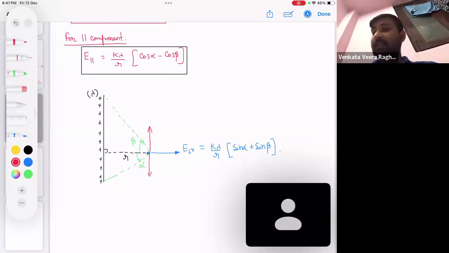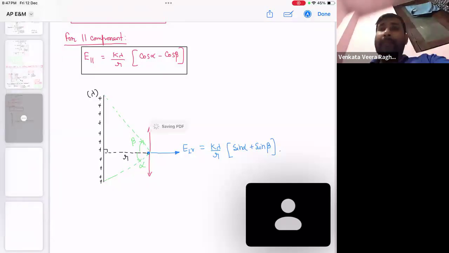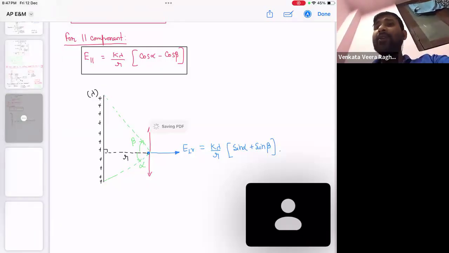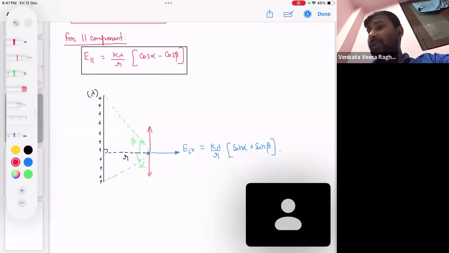Parallel component, which direction? Think logically and tell me what will happen. The value we know: it's k lambda by r, cos alpha minus cos beta. The magnitude we know it's k lambda by r, cos alpha minus cos beta. I want to know the direction.